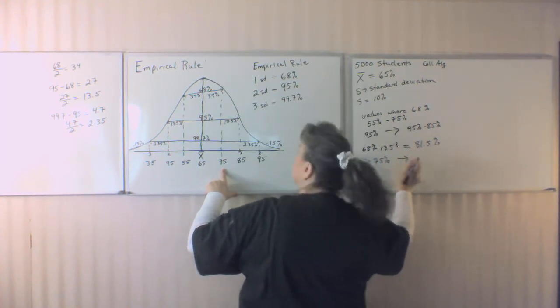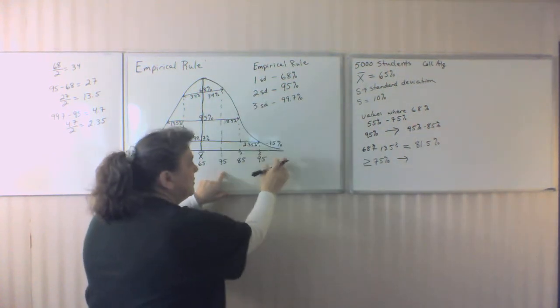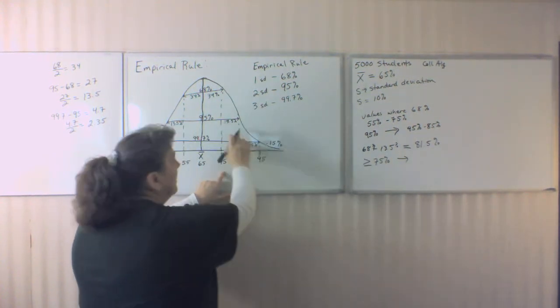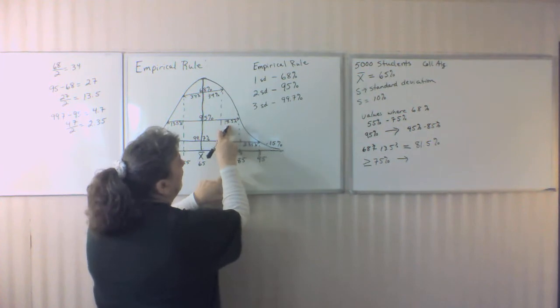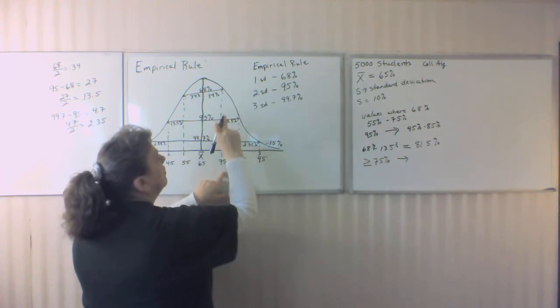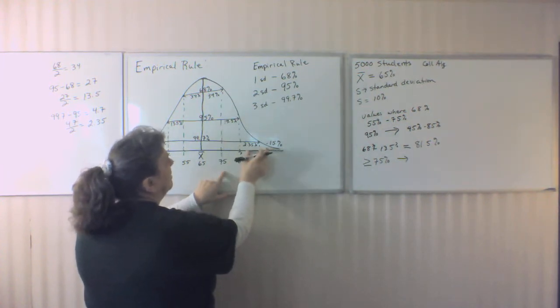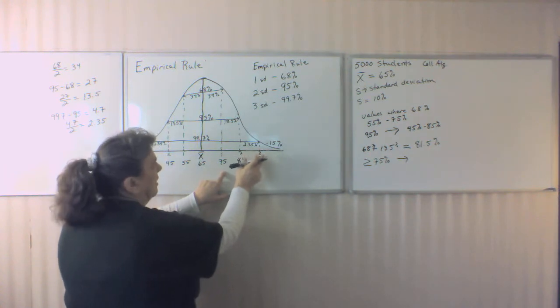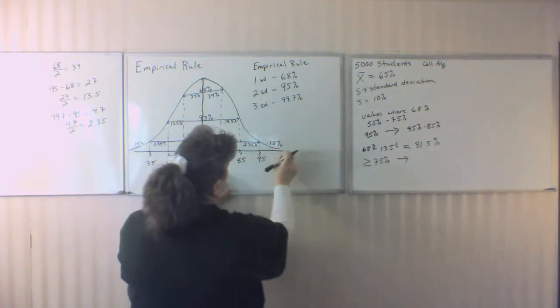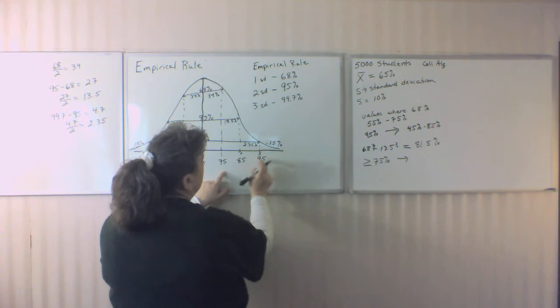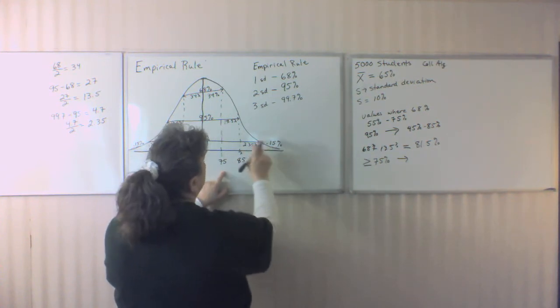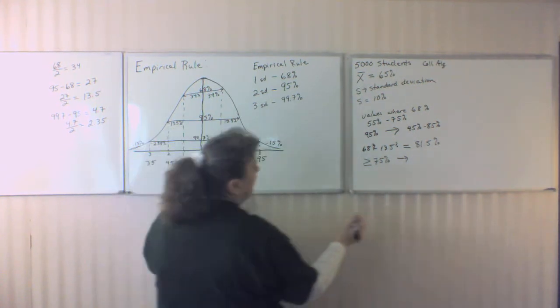So the percent of the students that did better than 75 is 13.5% plus what? Well, we've got, how about 2.5%? Because this is 2.5 plus 13.5.